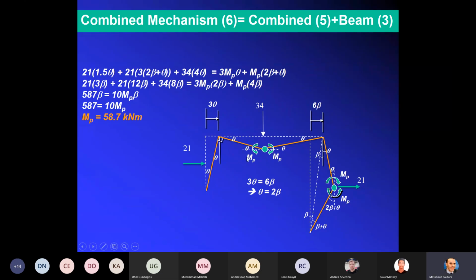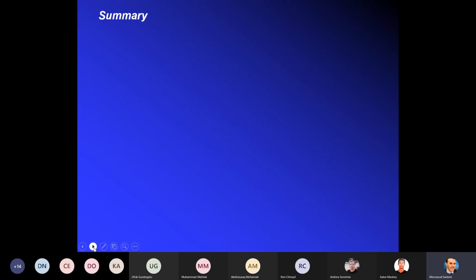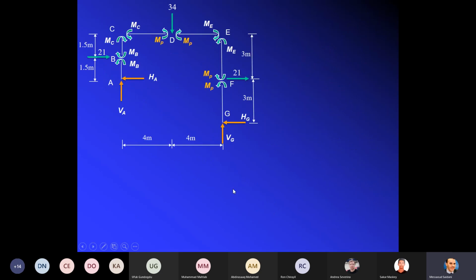This one here is anti-clockwise, this is clockwise, this is anti-clockwise, and this is clockwise. This is how you show the moments on the free body diagram of the moments and forces.